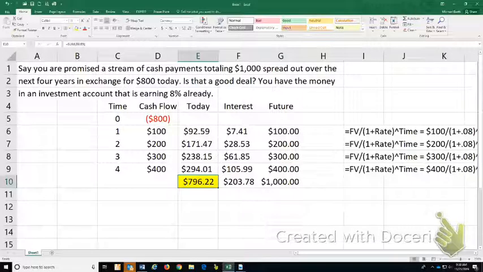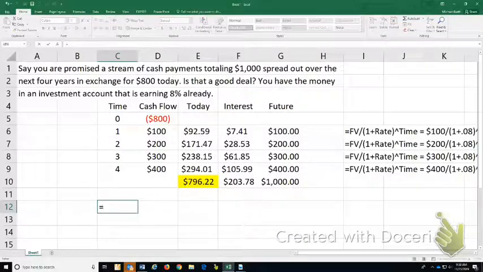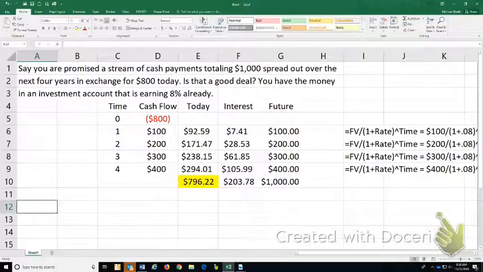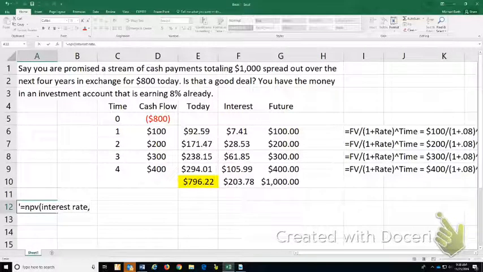Now, there's also a shortcut for this, and it's called the NPV function. The NPV function in Excel gives you the present value of uneven cash flows. The function is equals NPV, the interest rate, comma, and then the cash flows.